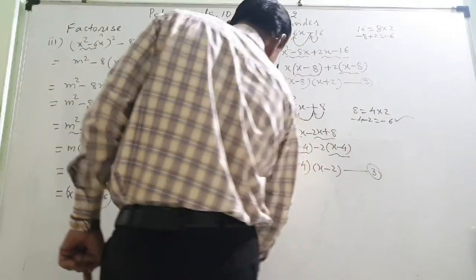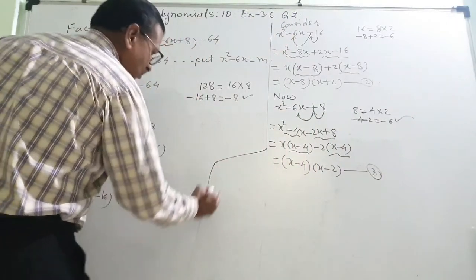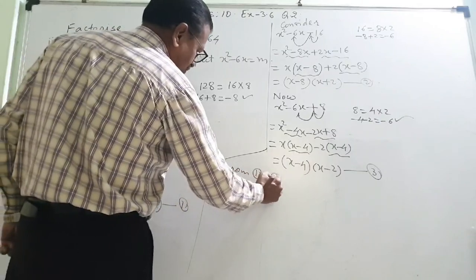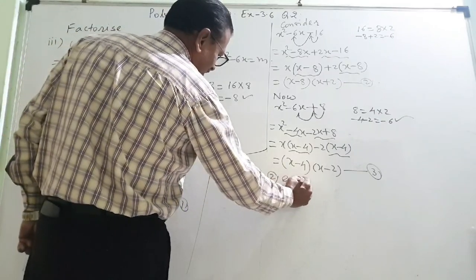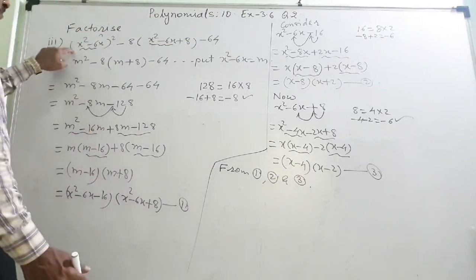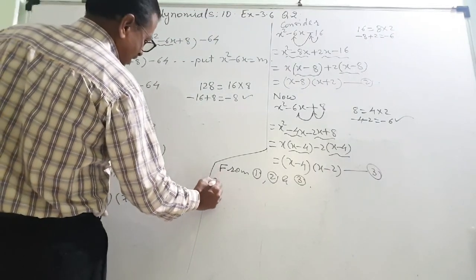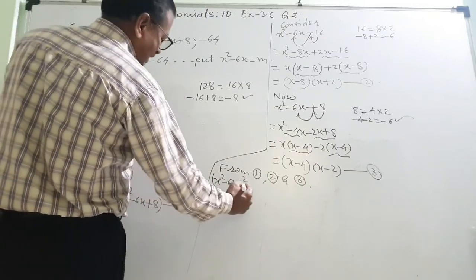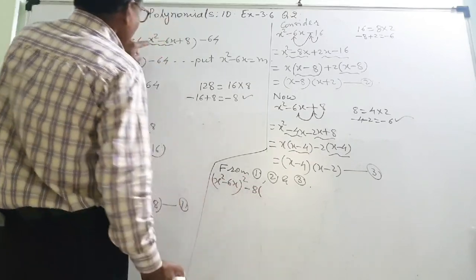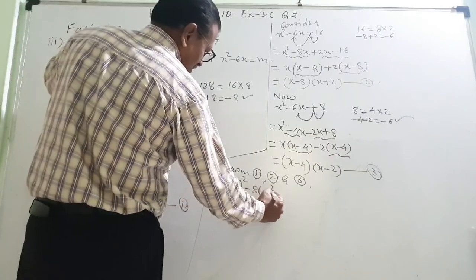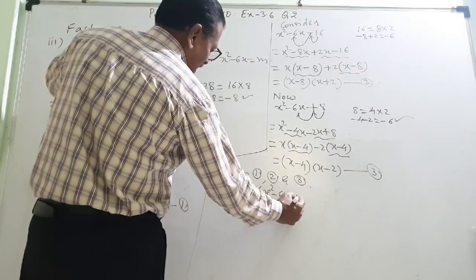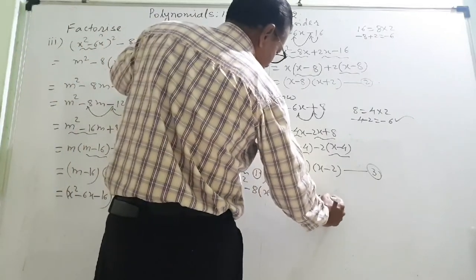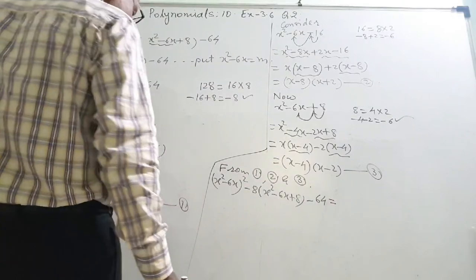So here I will write, from 1, 2 and 3, factors of this: x square minus 6x bracket square minus 8 into x square minus 6x plus 8 and last is minus 64 is equal to, what are the factors?